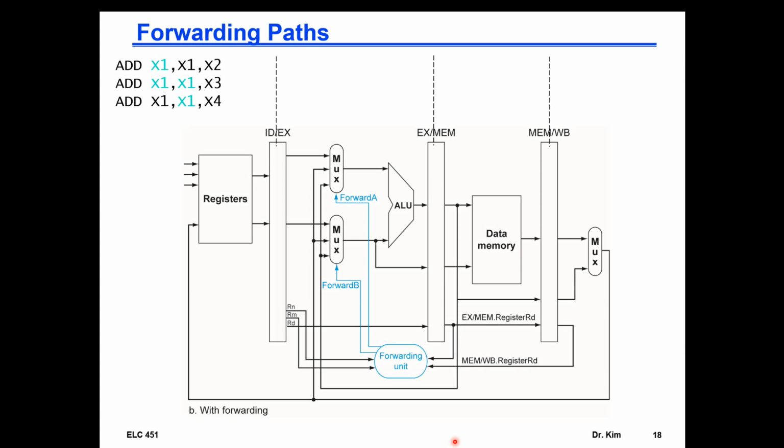So let's look at that sequence and see exactly what happens. So when we have the first instruction moving through the memory stage, we can detect that these two are the same sources.